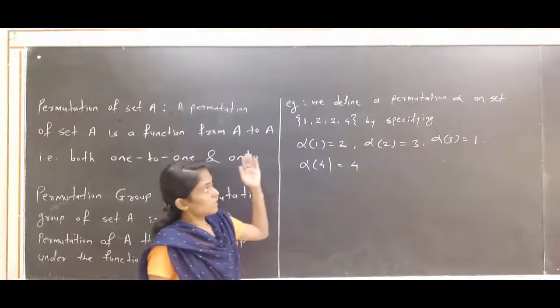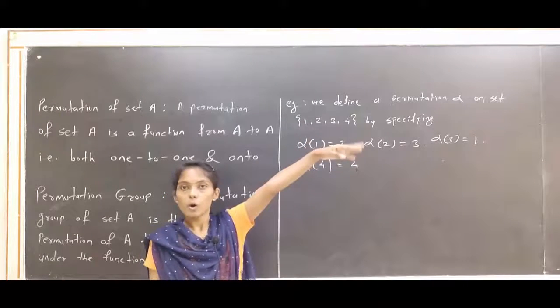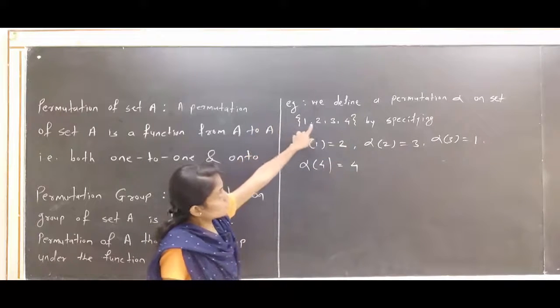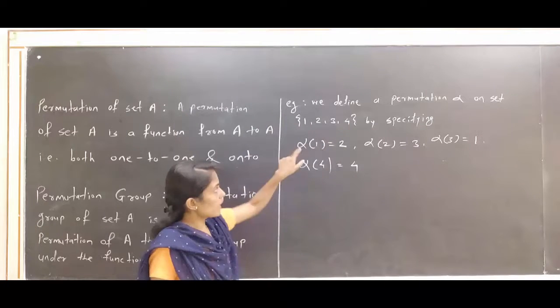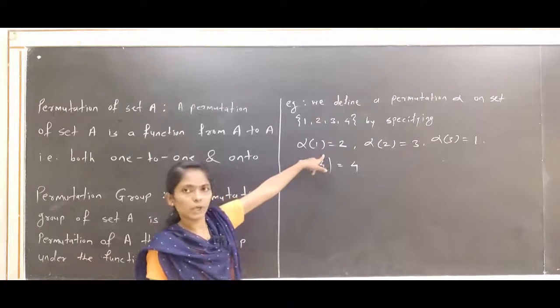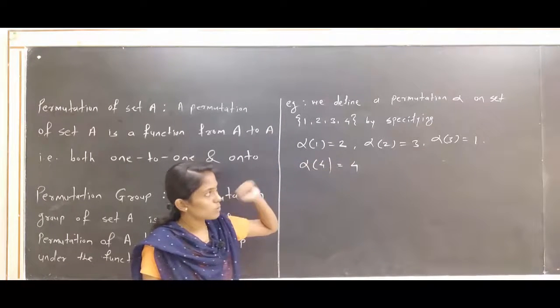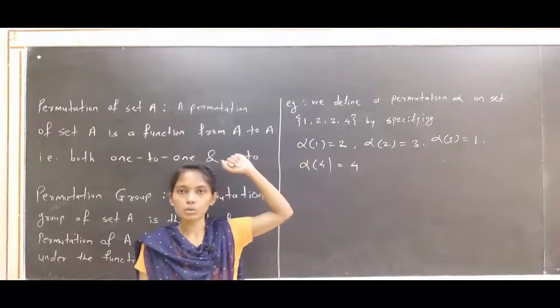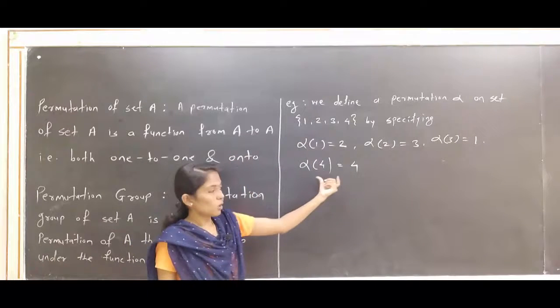So see here we define a permutation alpha on set 1, 2, 3, 4 by specifying alpha of 1 equals 2, alpha of 2 equals 3, alpha of 3 equals 1 and alpha of 4 equals 4.